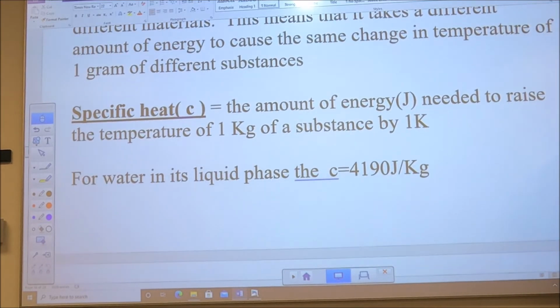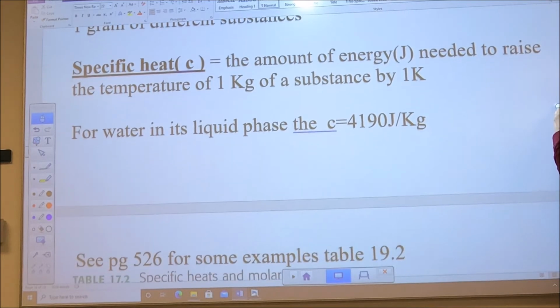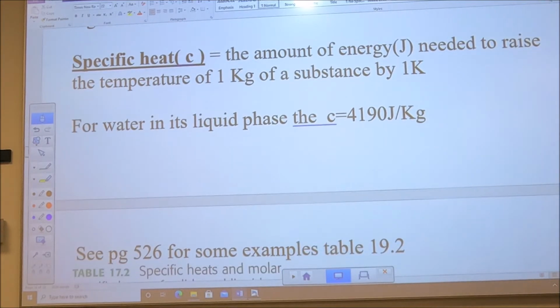All right. Now, for every substance, then, we can talk about specific heat. Specific heat, lowercase c, is the amount of energy in joules needed to raise the temperature of 1 kilogram of a substance by 1 Kelvin.